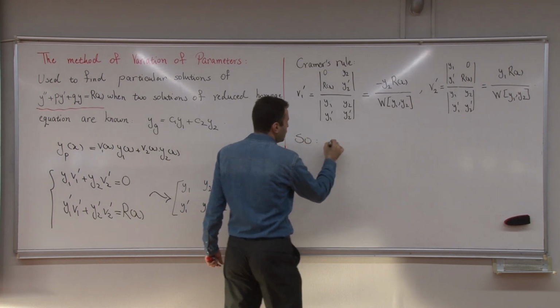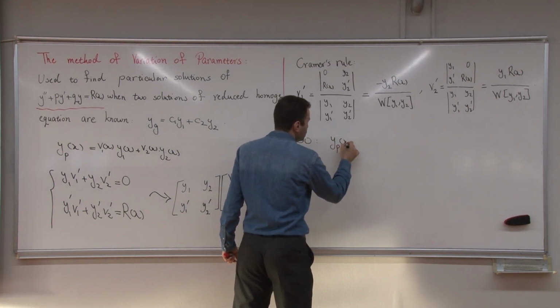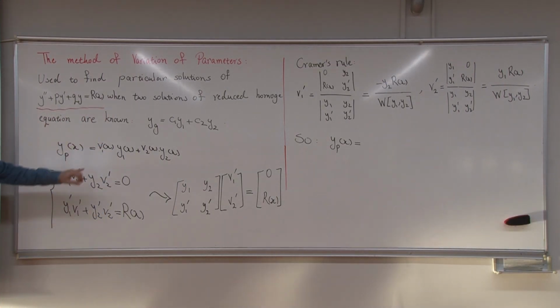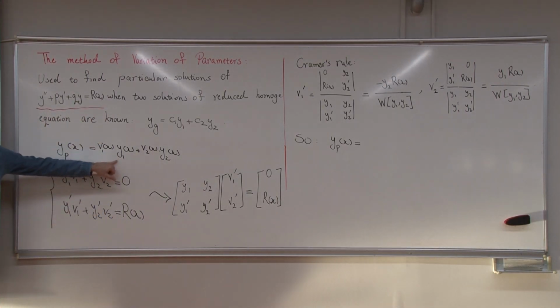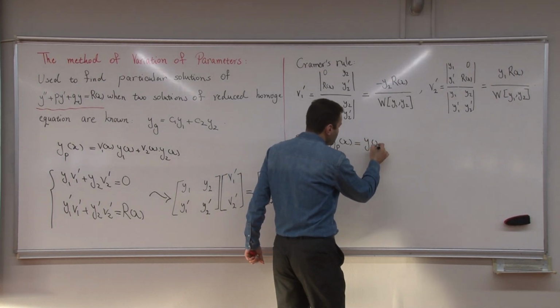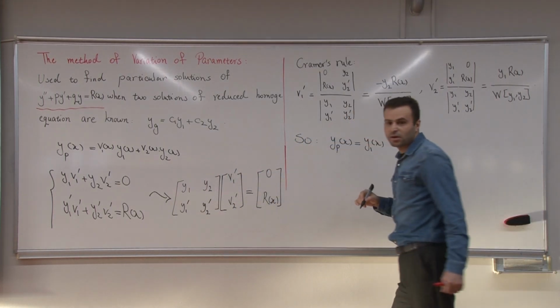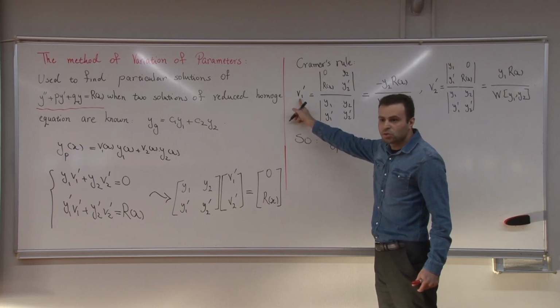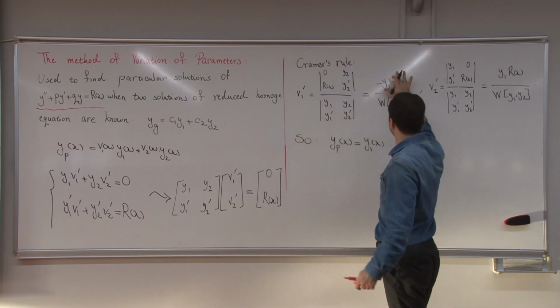So our particular solution is going to be what? v1 times y1. Let me write y1 of x. Instead of v1, what should I write? I have the derivative of v1, so v1 itself is the integral of this.